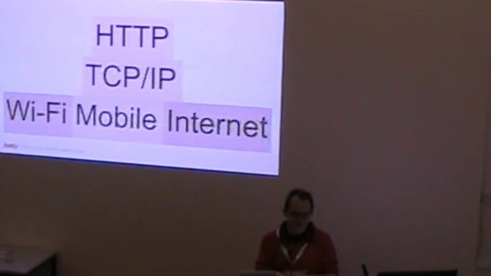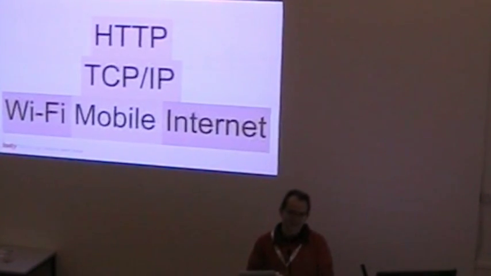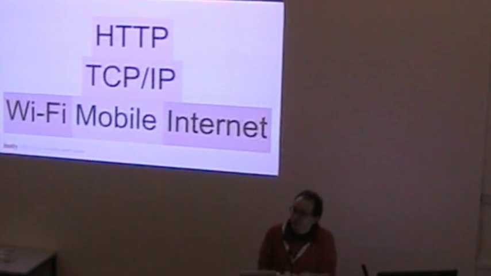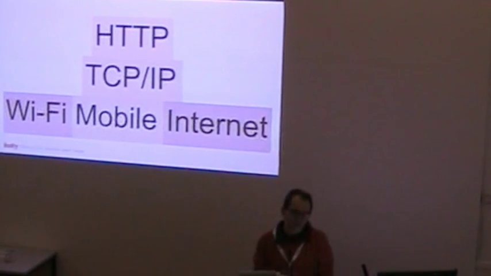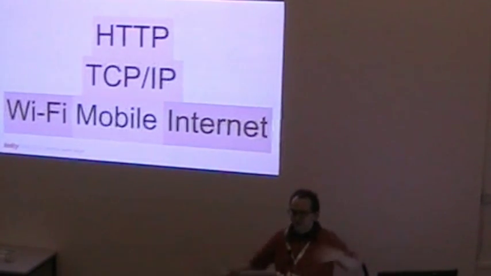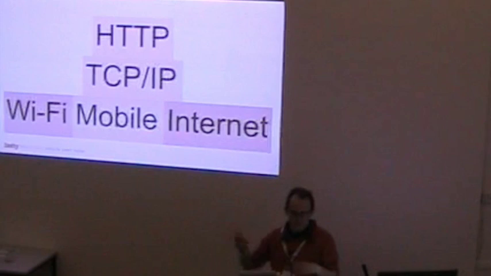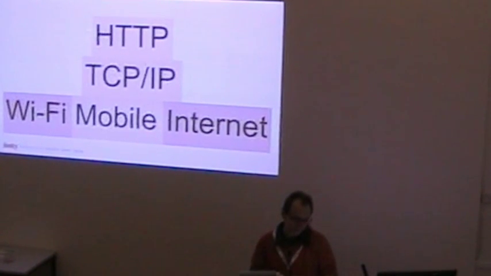Well, it's not really a network layer. There's lots of little layers underneath. But the main layer is the Transmission Control Protocol and Internet Protocol, which I'll generally call TCP/IP because it's shorter. And that runs over various other networks, things like Wi-Fi, for example, or mobile data, or generically the internet, which has lots of other protocols, but we don't need to worry too much about them.